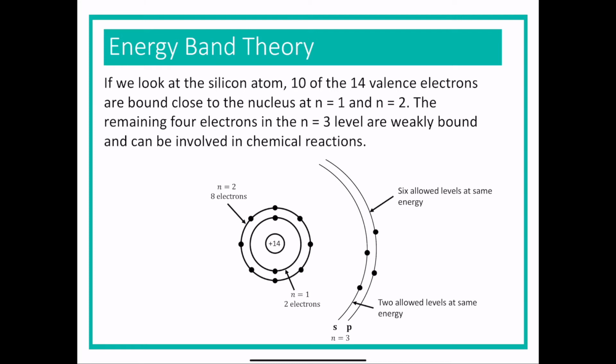Basically, 2 of the electrons in the outer shell are in the S, and 2 are in the P. But when you move these atoms together, the 3s and the 3p states overlap and split.